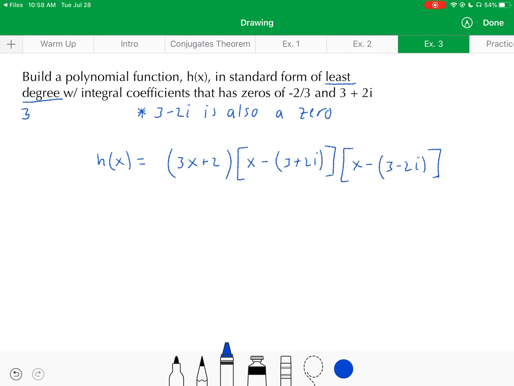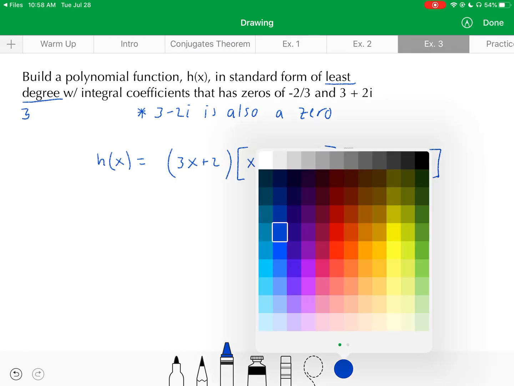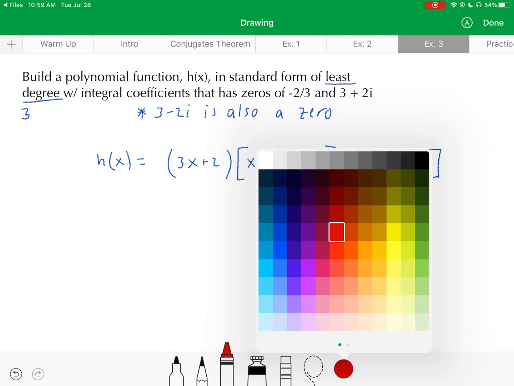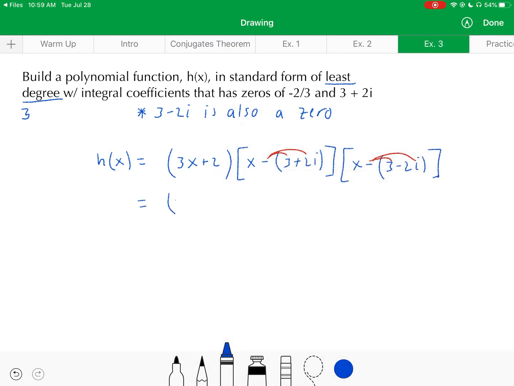All right, I would multiply the two sets of brackets first, and to do that would require the same regrouping process as the previous problem. So I'll distribute these negative signs. I'll just carry down the 3x plus 2 here, and then when I distribute those negative signs, that allows me to shift the parentheses or regroup them around x minus 3 in each set of brackets.